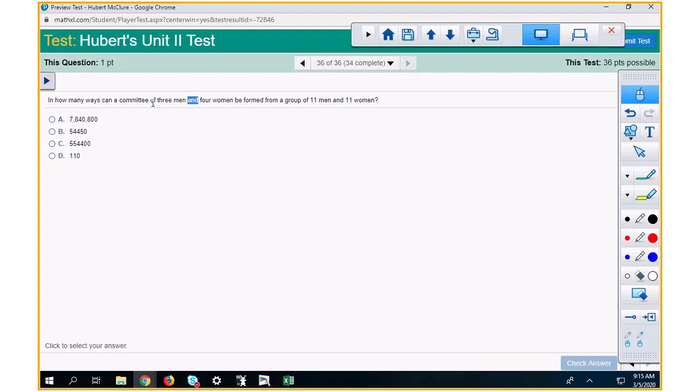Multiplication. So 11 combination of 3 and 11 combination of 4. What do you get when you multiply them two together? What? B. B is in Bravo?